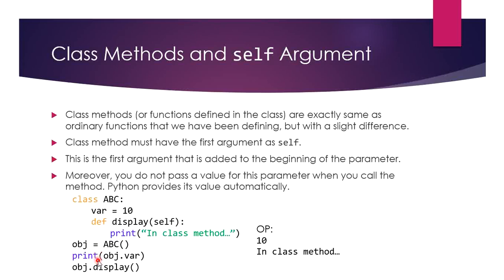Let me explain how it is going to work. The object variable is created, and we have a class ABC. It is going to search for the class ABC and initialize it. Whenever I want access to this class, I use the object variable obj. Then in the next line, print obj.var: the object is linked to the class, so I go to the class and print the variable inside it, which is 10.